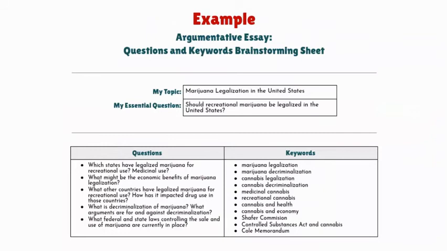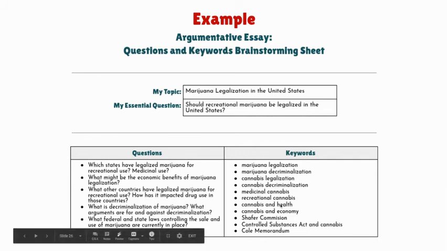And this activity of looking at Wikipedia really helped me to start thinking about additional keywords. So you can see I have marijuana legalization and marijuana decriminalization, which I already had, but then I changed the word to cannabis just in case the database doesn't refer to marijuana as marijuana, but instead refers to it as cannabis. And then I added medicinal cannabis and recreational cannabis.